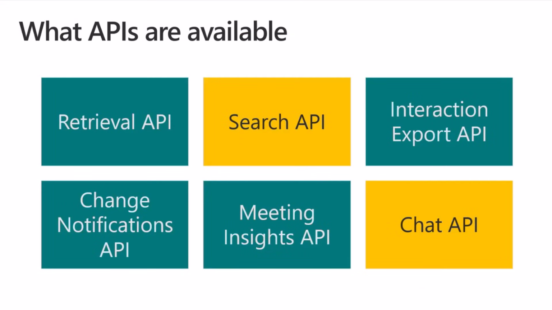What are the APIs available through the Copilot APIs? This is the set of APIs that are available right now, and the search API and the chat API are those that I will focus on today in this demo. The search API allows you to, as the name implies, rely on natural language syntax to make a search query across the content you have in the target Microsoft 365 tenant, using the Copilot engine.